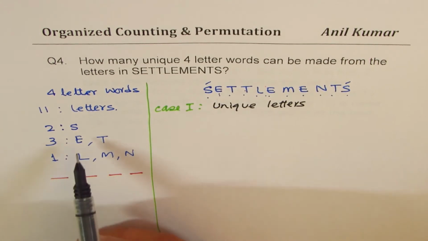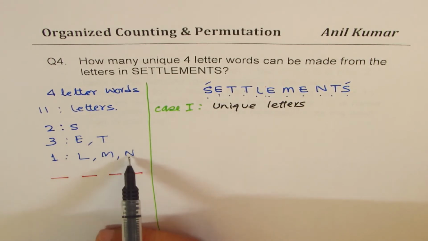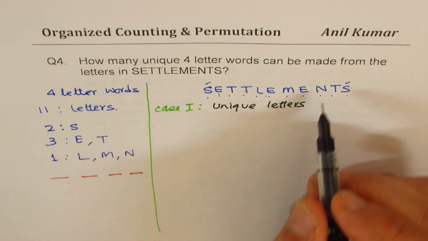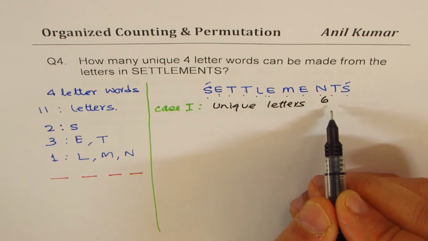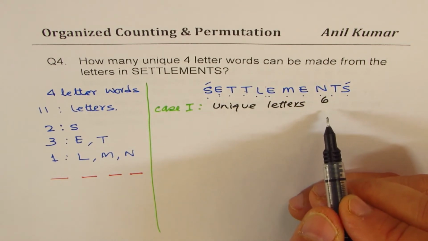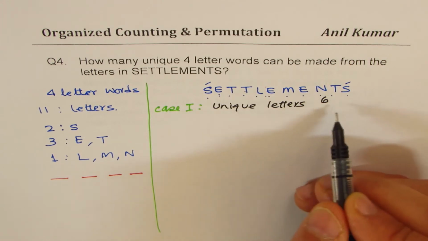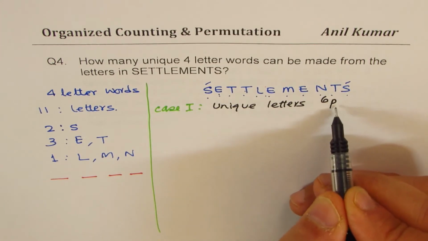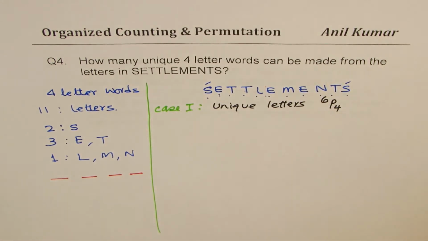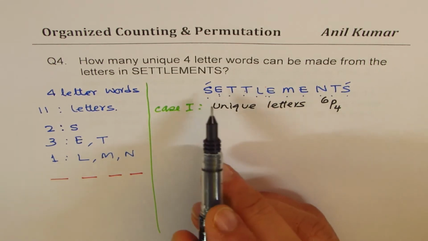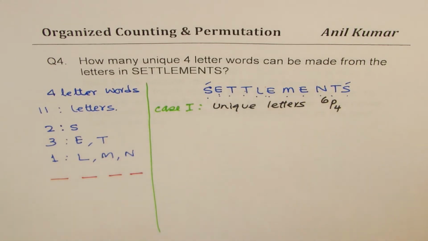If we consider unique letters, we have 1, 2, 3, 4, 5, 6 of them, right? So out of 6, we have to consider only 4. And their positions matter, so it's permutation. So we get 6P4 as our first case. Is that okay? So these are total ways in which you can have words without any repetition.